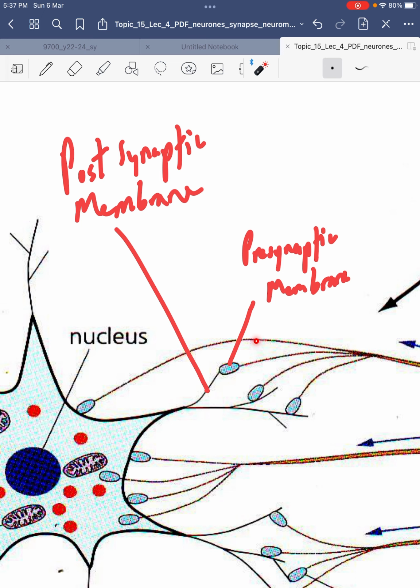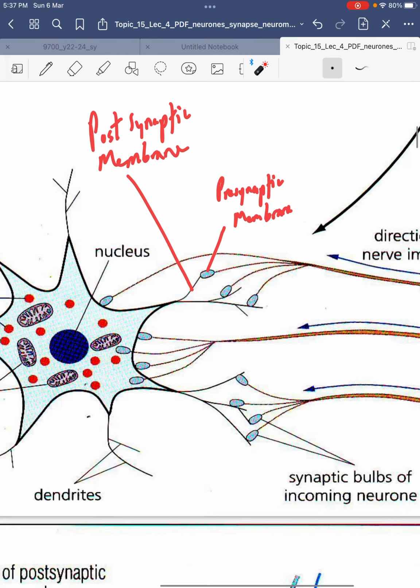So presynaptic membrane, postsynaptic membrane.